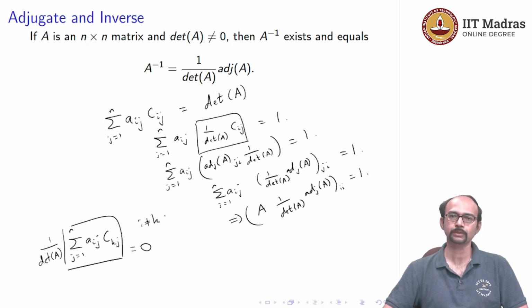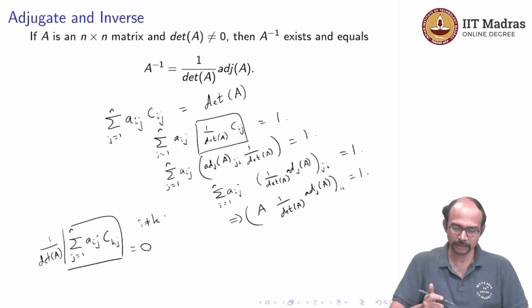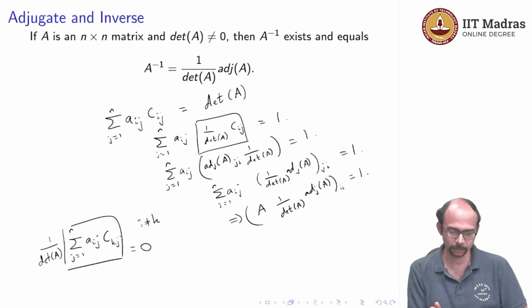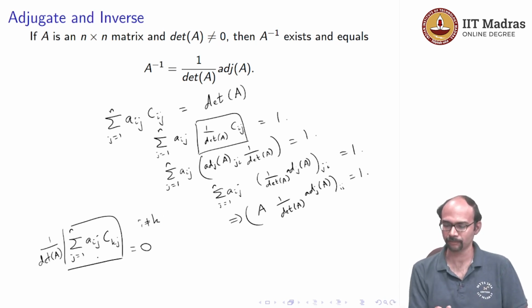All rows of A are exactly the rows of this matrix except the kth one, and in the kth one we have the ith row. So, 2 rows are the same, and we have seen in the last video that if 2 rows are the same, then the determinant is 0. So, that is why this thing is 0, and from here it will follow that the ikth entry is also 0.